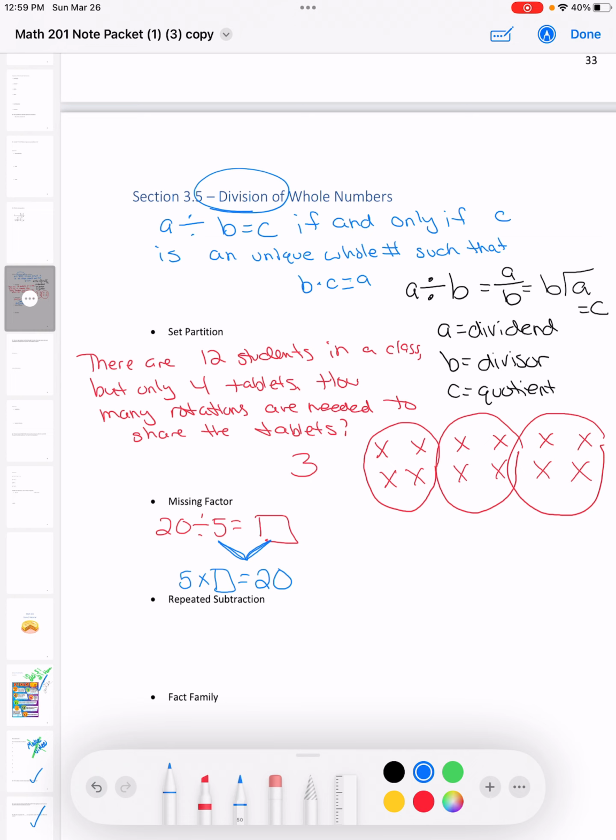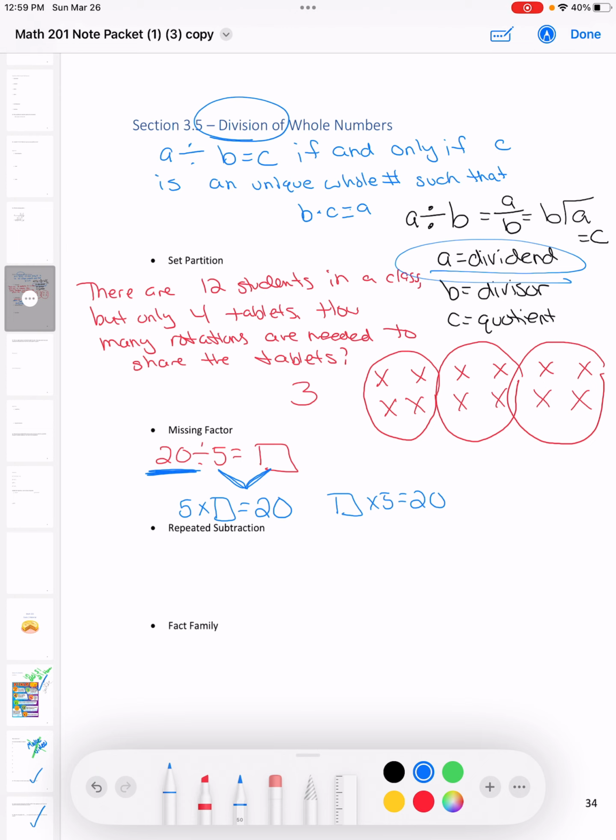And the order for the multiplication doesn't matter. But 20, the product, does matter. That product is the same thing as that dividend that we had up above. So that 20 had to be the answer. Whatever was first in that division statement had to be the answer for my multiplication statement.